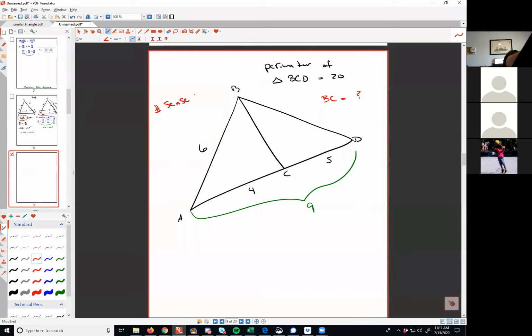Look at the numbers in the diagram. Remember, we're trying to use SAS. If we're going to use SAS, we need an angle, but we need sides in ratio lengths. Can anybody spot in the numbers two ratios that are the same?